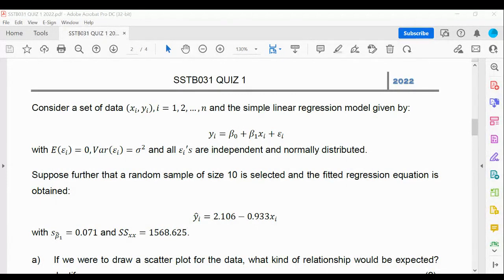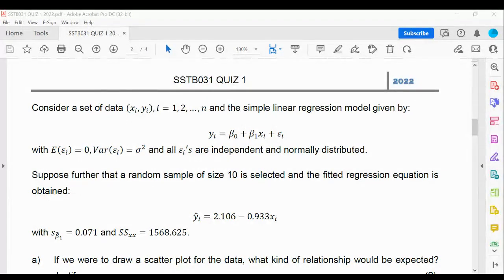Now, from that population, we take a sample of size 10, and we fit this regression model, and we get our fitted model to be 2.106 minus 0.933 xi. So this is the fitted model.